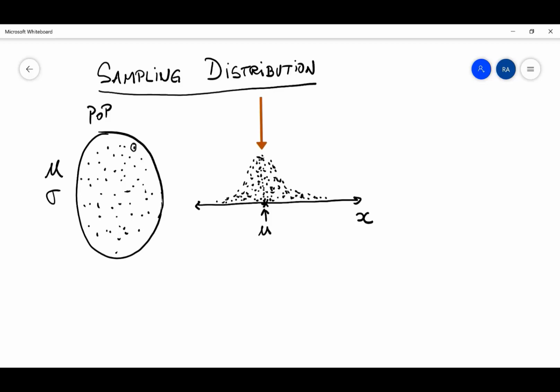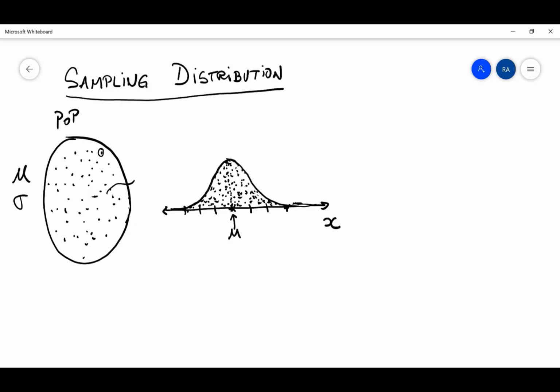Three standard deviations reach 2 points, and within these 2 points we have 99.7% of all values.